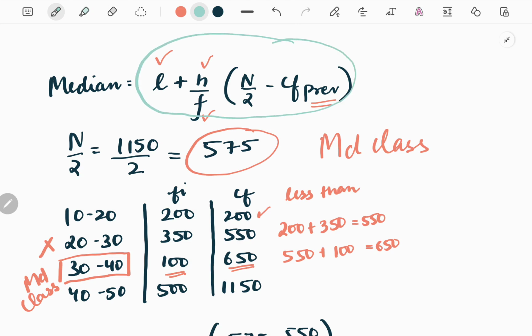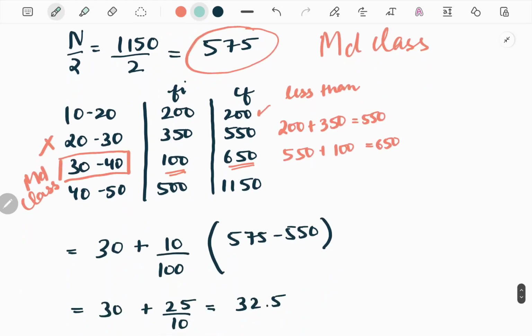To calculate the median: L, which is the lower limit of the median class, is equal to 30, plus the class width. The class width is the difference between this lower limit and this upper limit, which is 10, divided by the frequency of that class.